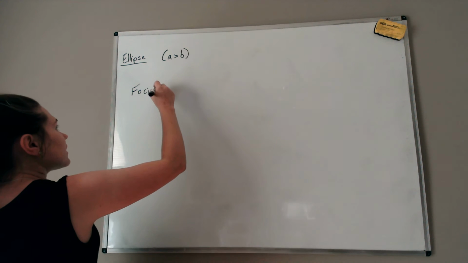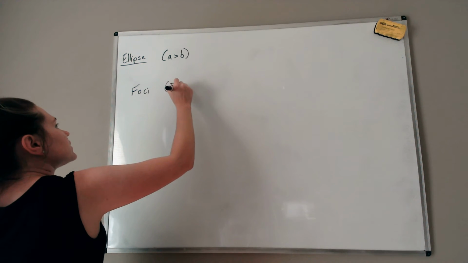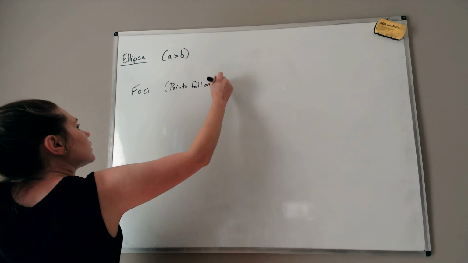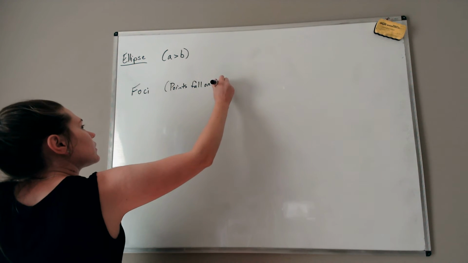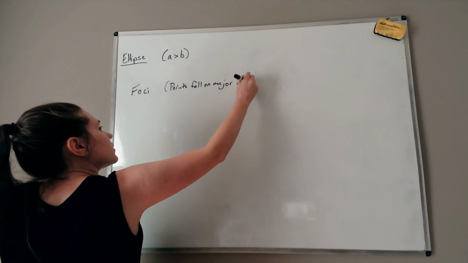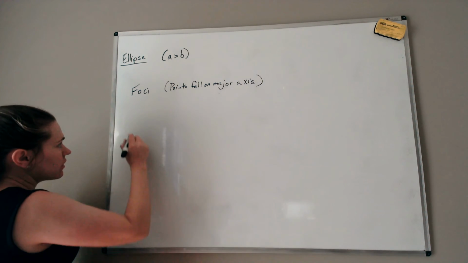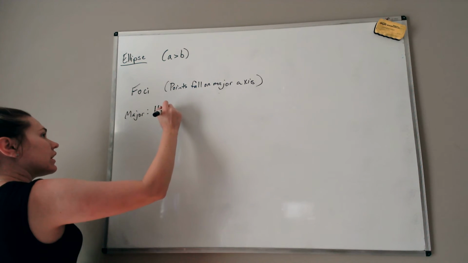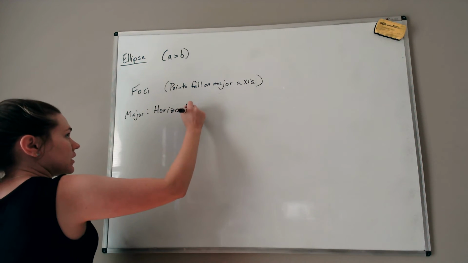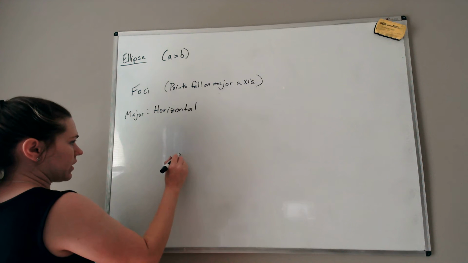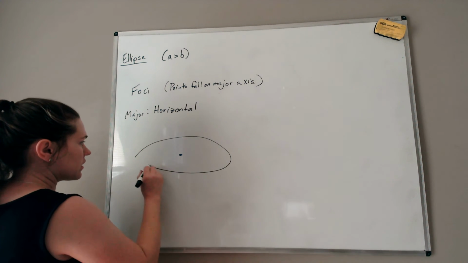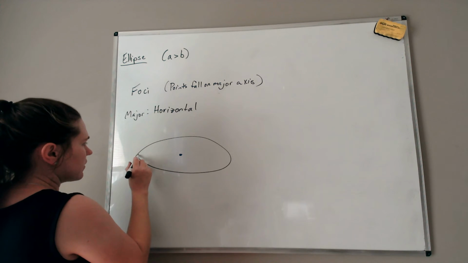The foci are 2 points that fall on the major axis of an ellipse. Pretend that the major axis here is horizontal. Hopefully my picture will indicate that. So there's the center. There's my best attempt at an ellipse.